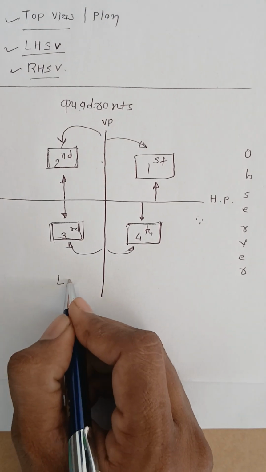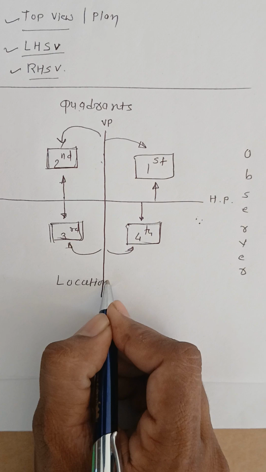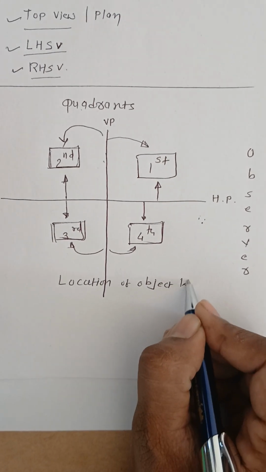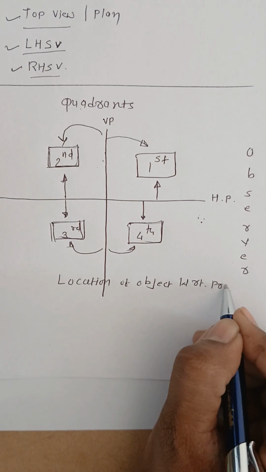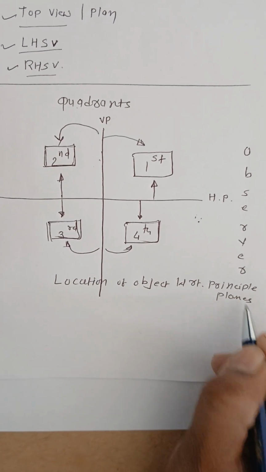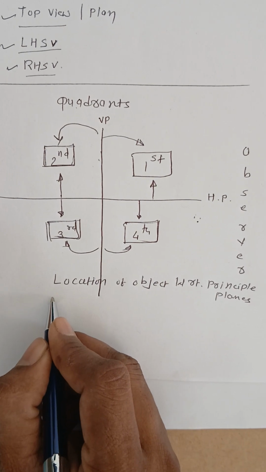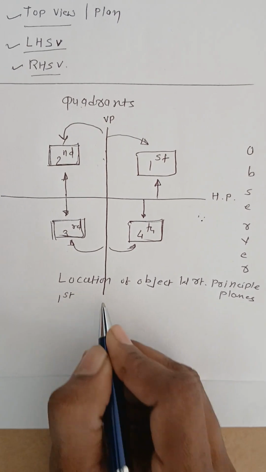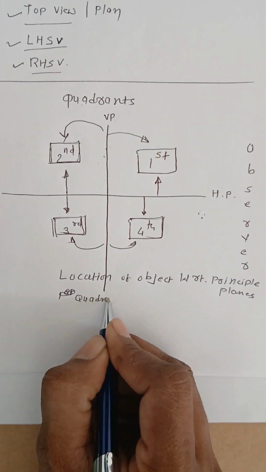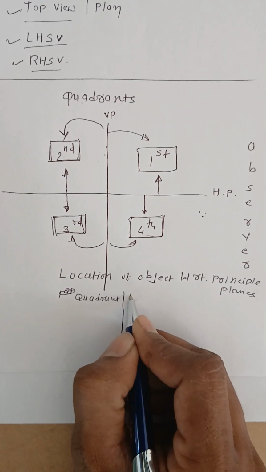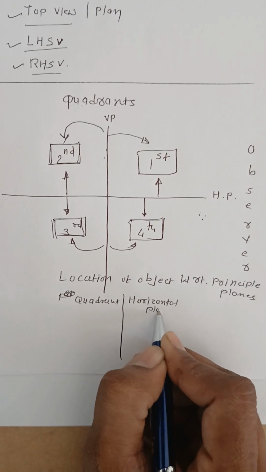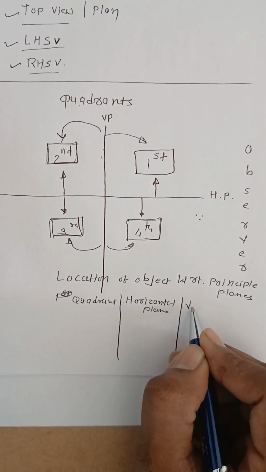So if we define location of object with reference to principal planes, for the first quadrant this is with reference to horizontal plane, and over here with reference to vertical plane.